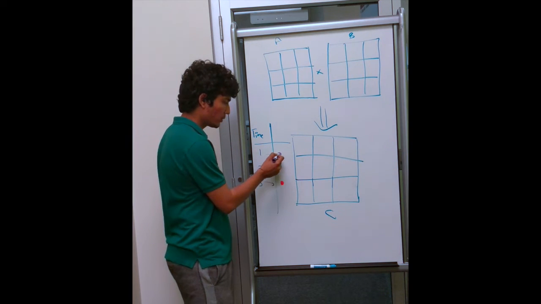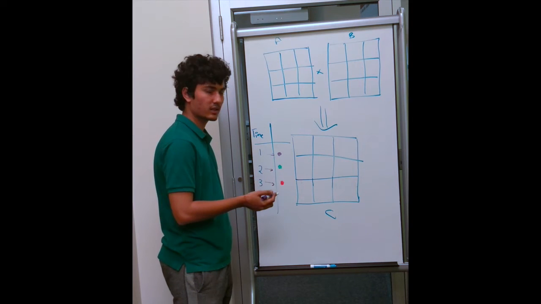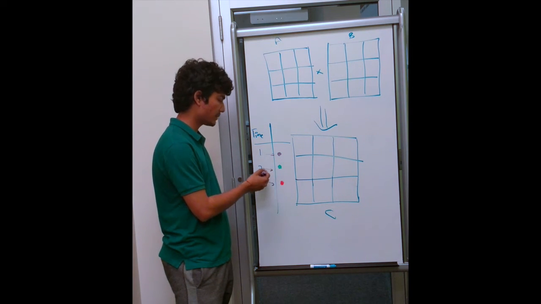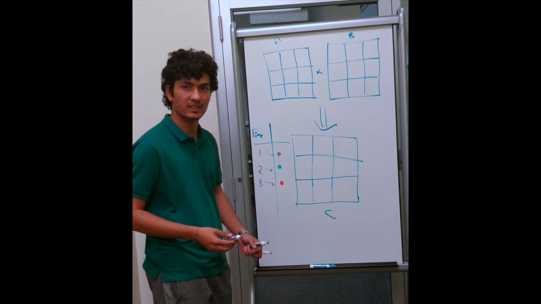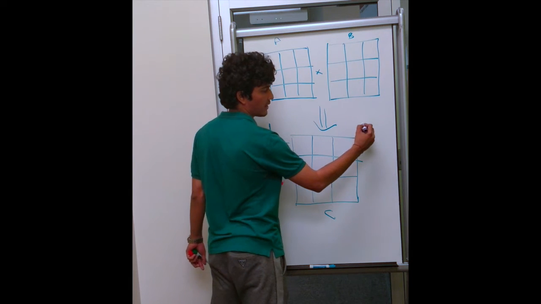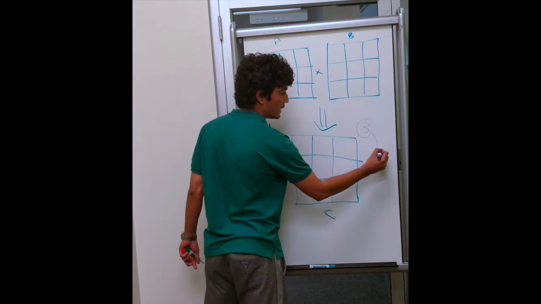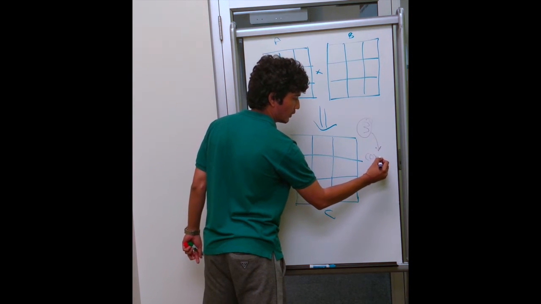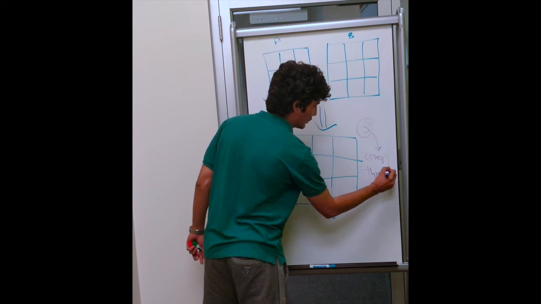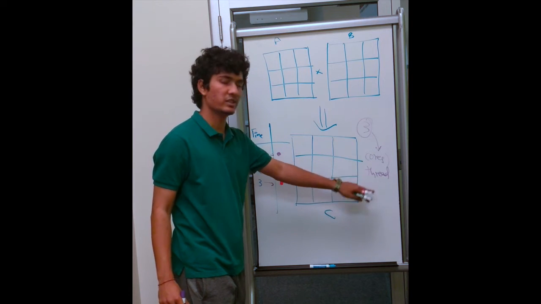I have used the purple marker for indicating the task done in time step 1, green for the task done in time step 2, and red for the task done in time step 3. And let us say that I have 3 cores or threads. I will use these terms interchangeably.